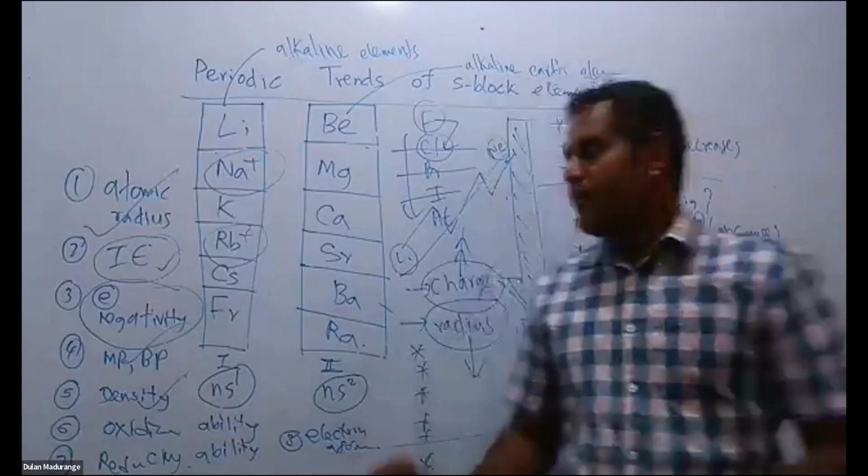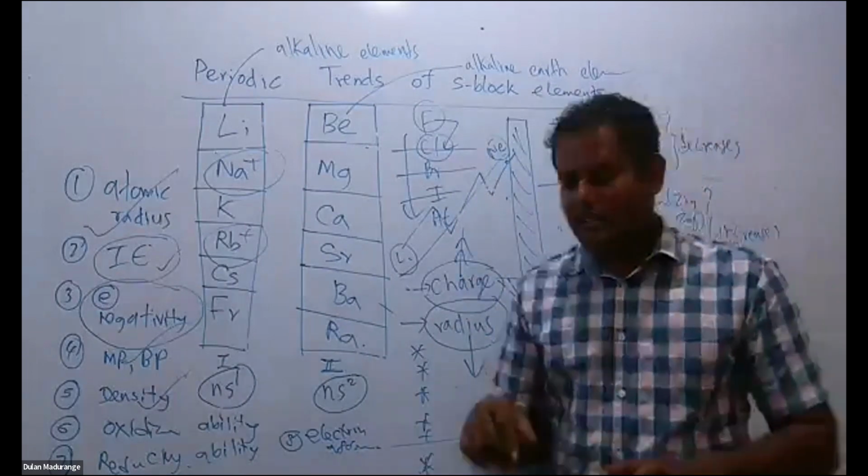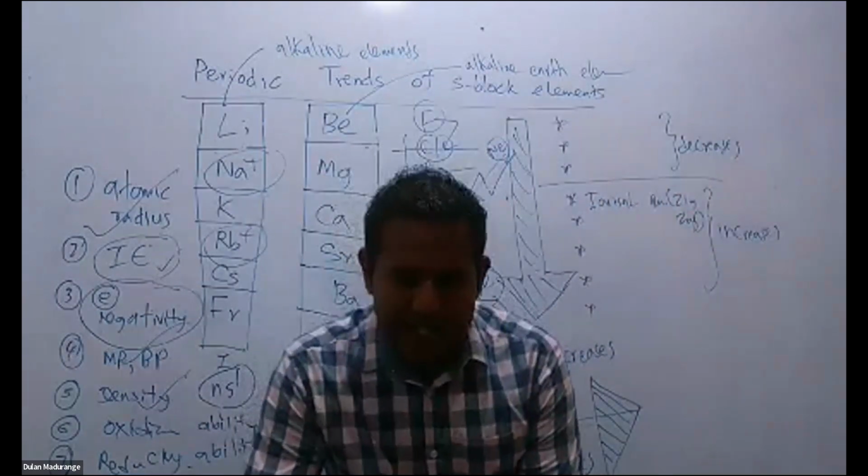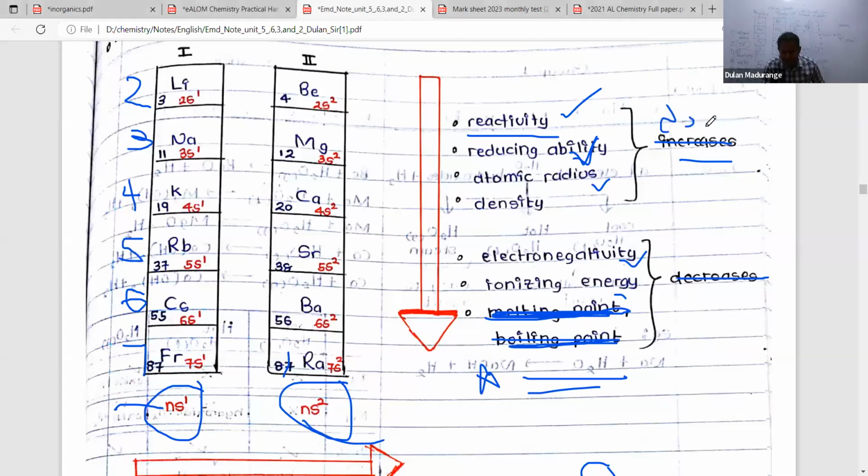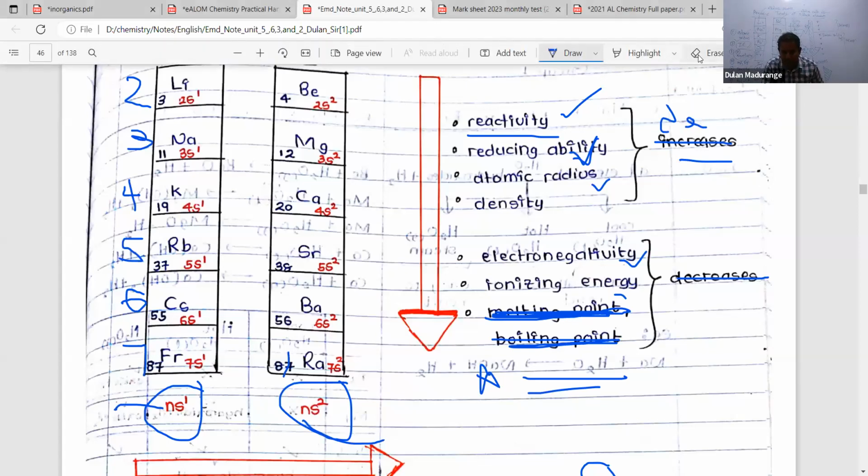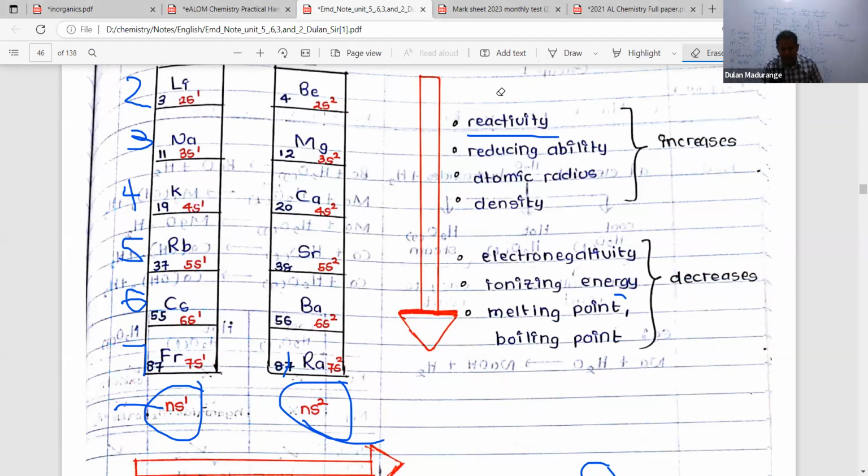Increases, decreases. Now here in this one, let's make this one decrease. I mean first period, sorry. I thought this is across the period, sorry, this is downwards the group. So downwards the group, reactivity increases, reducing ability increases, atomic radius increases, density increases, electronegativity decreases, ionization energy increases, melting point and boiling point decrease.